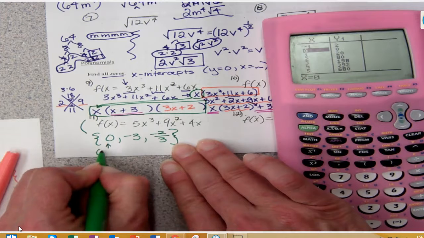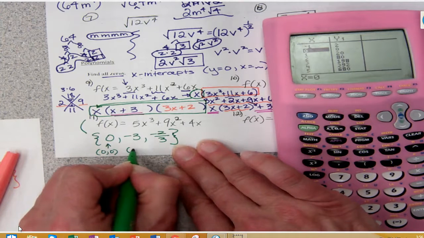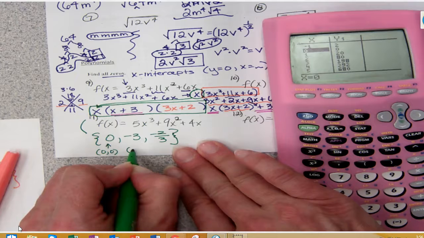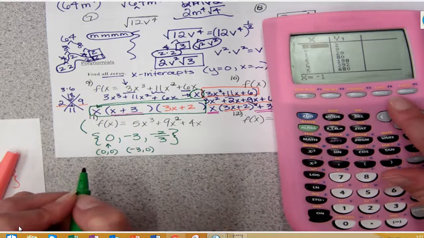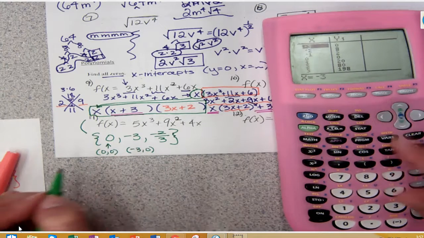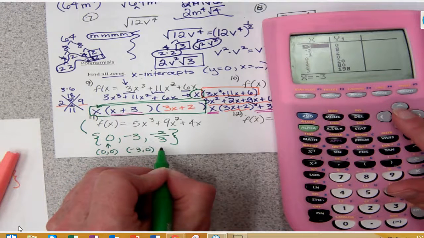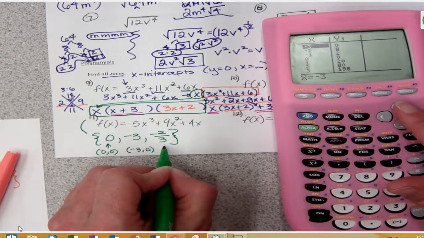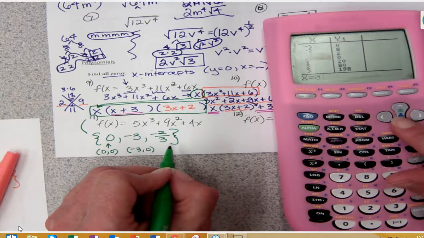The next one we're going to look at where x is -3, 0. Let's see if we can find that. Sure enough, there's that one. Then the next one is -2/3. Well, that's going to be somewhere in between these two, and we don't really see that.